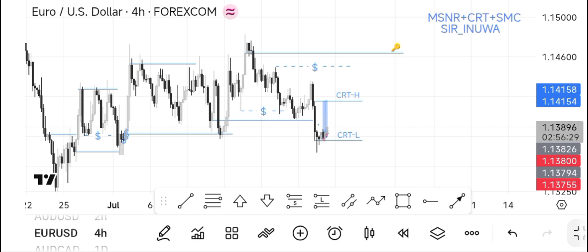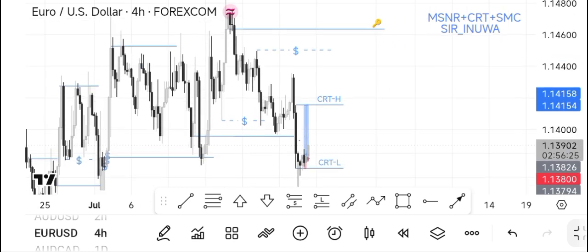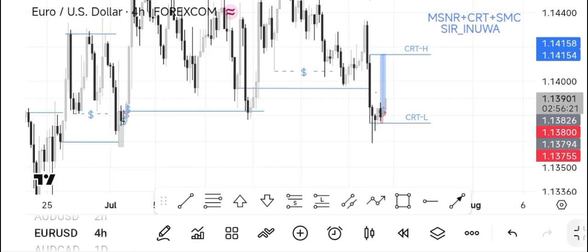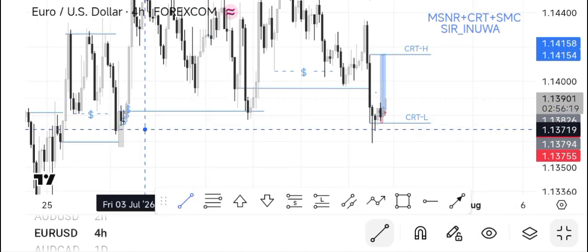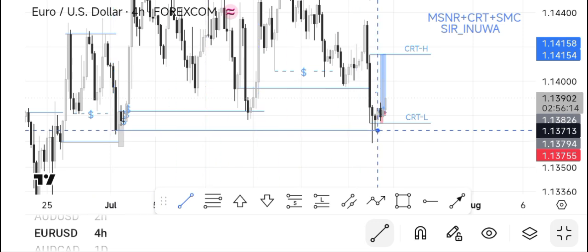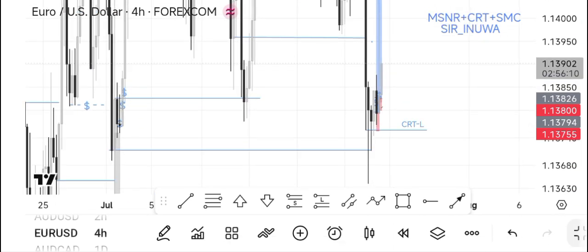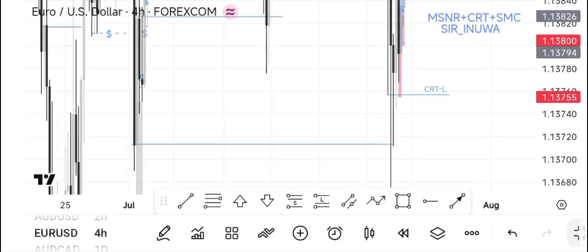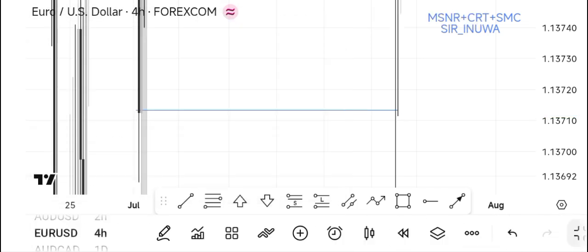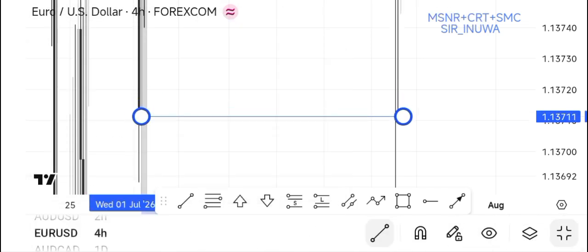So this is how I took this early in the morning, as I told you, and also my, what are they calling it, my second candle of CRT was on a key level, as the rule says.